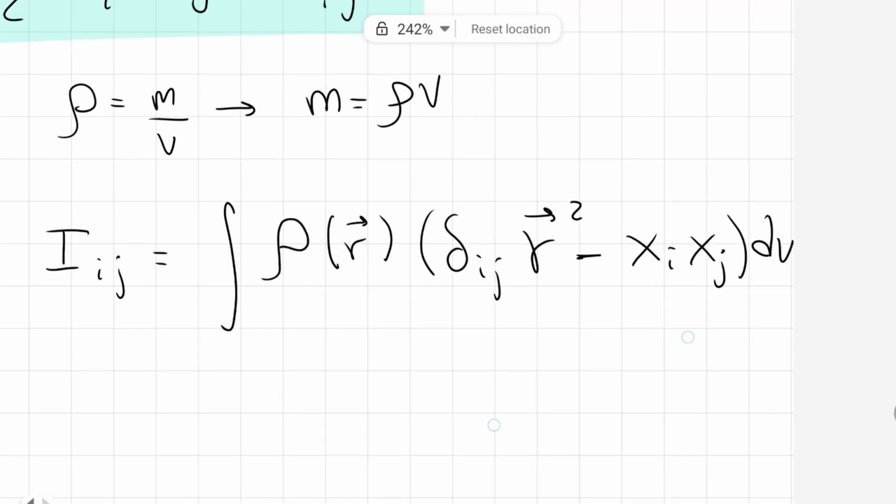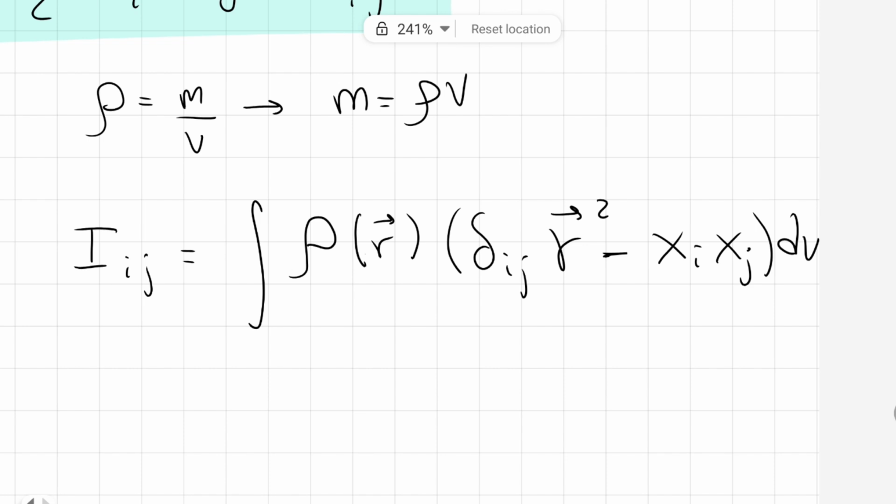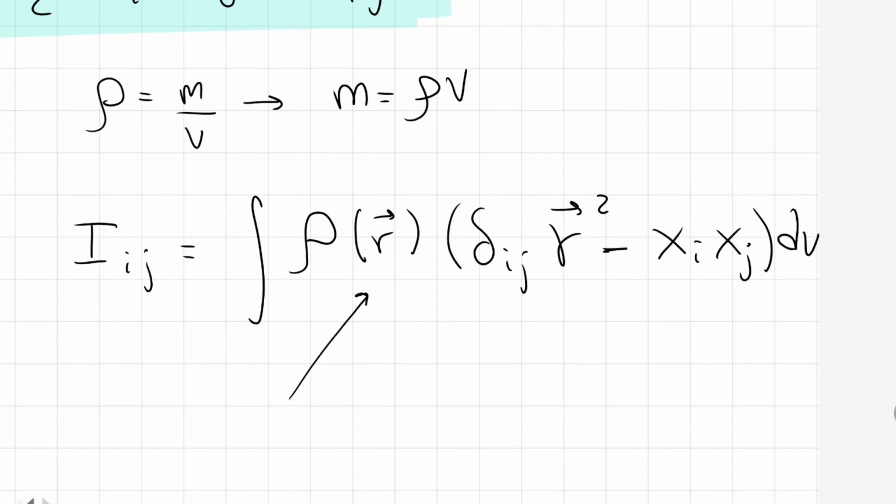Okay, this will be like making the change from the discrete definition to the continuous distribution. We just substitute the mass for the volume density of mass. Perfect. So yeah, this will be the final result of the video.